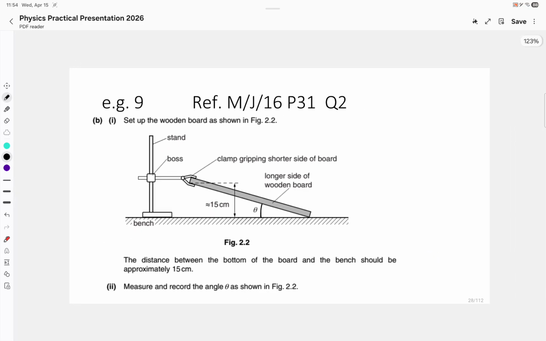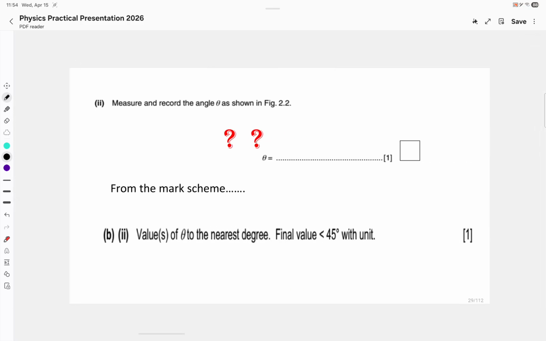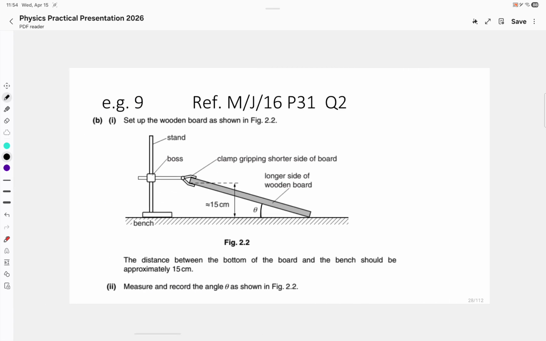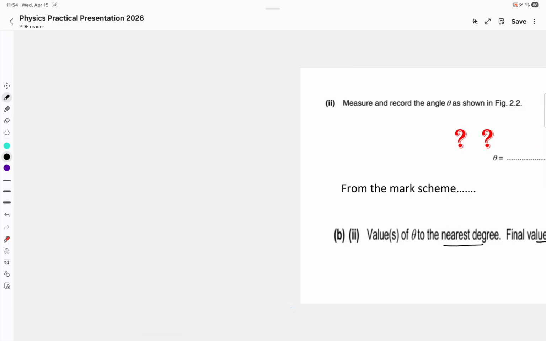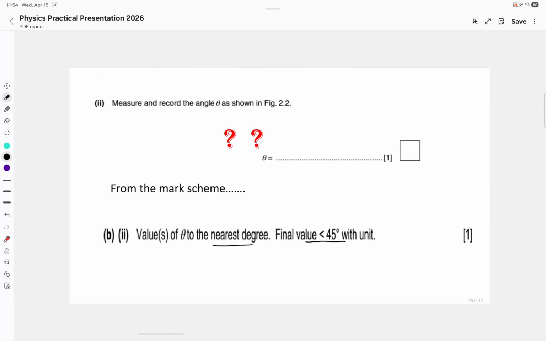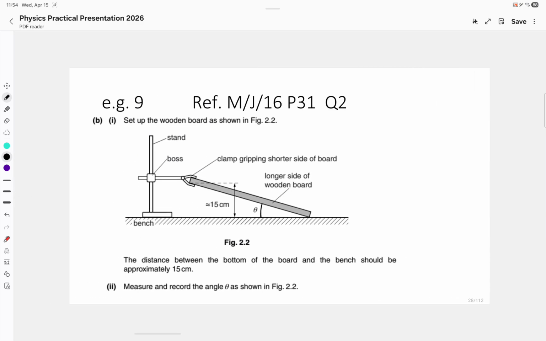So if you measure theta here, look at what the mark scheme suggested: the value of theta to the nearest degree, and the value must be less than 45 because it is expected to be an acute angle. Tell me, if this setup is arranged in the real world, will the board slip so that the angle would change?